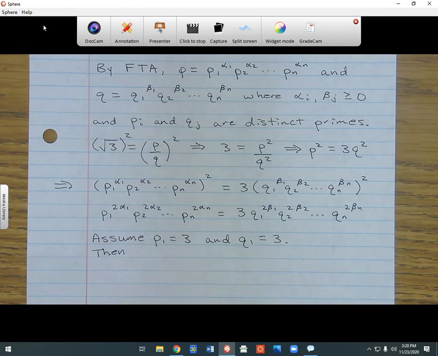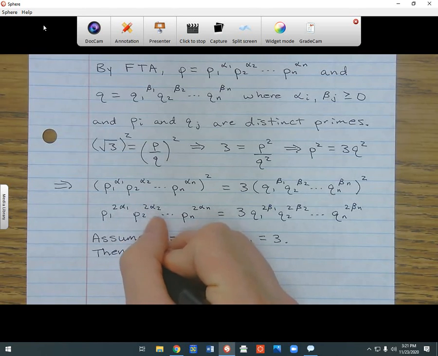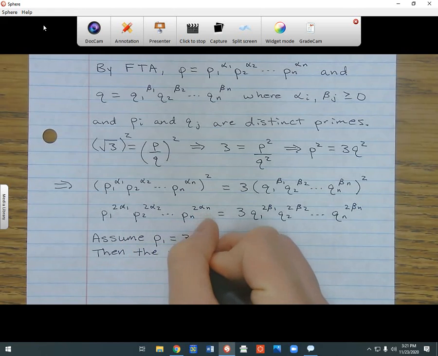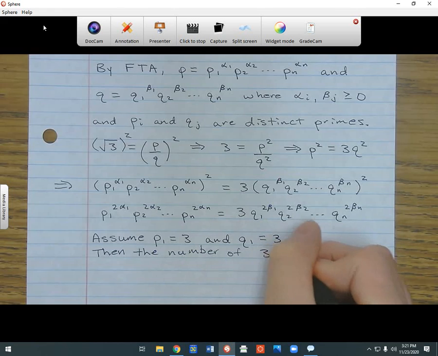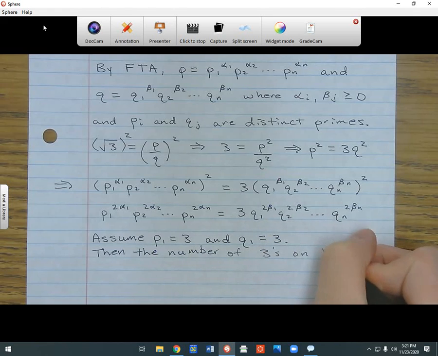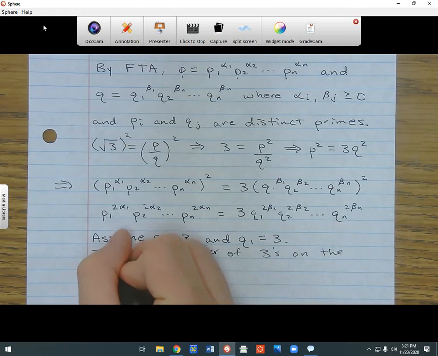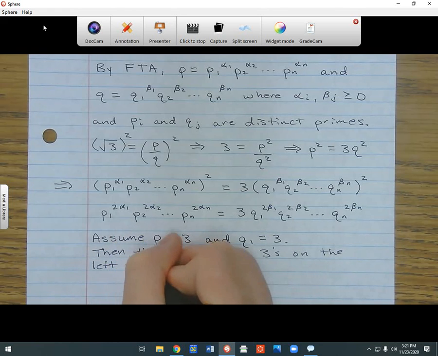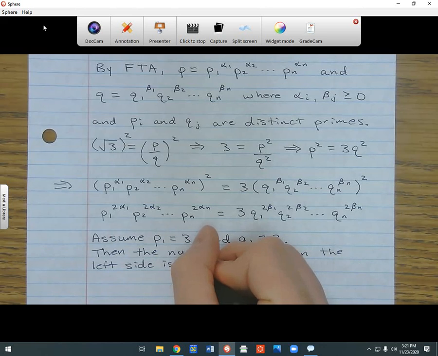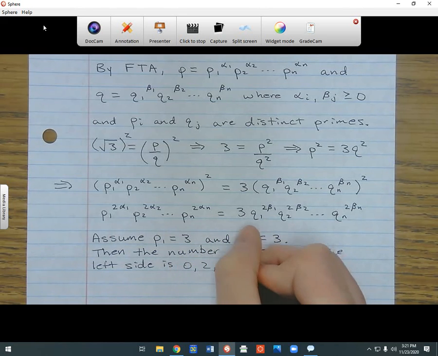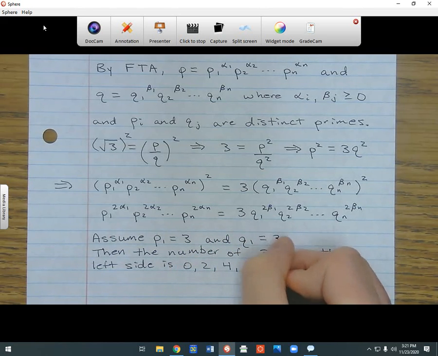And that pattern is going to continue to repeat. So then we can say the number of 3's on the left side is, it could be 0, it could be 2, it could be 4, it could be 6, and so on, just increasing by 2 each time.